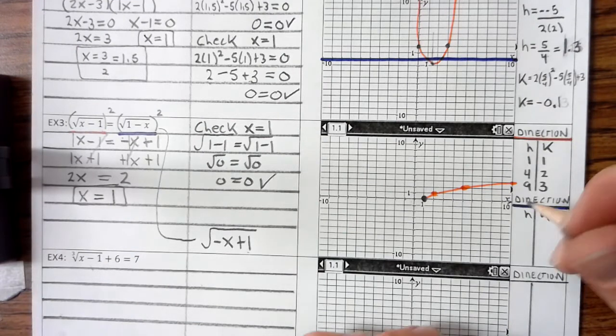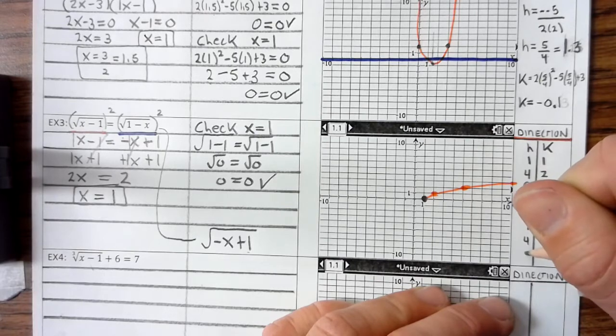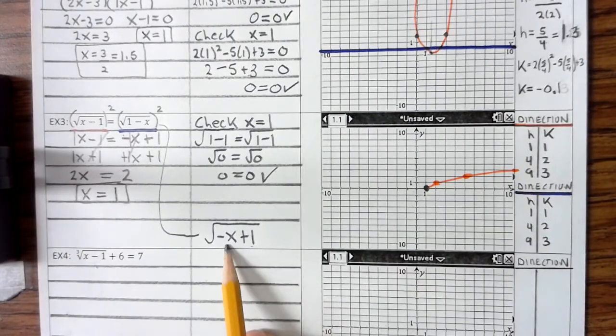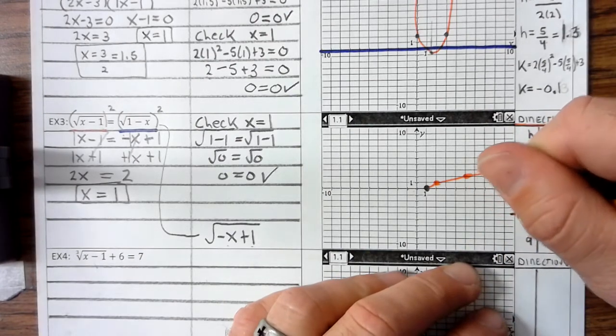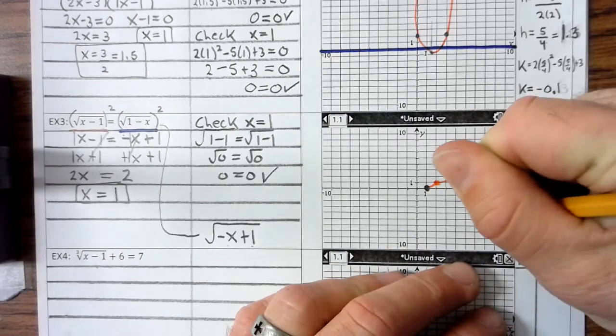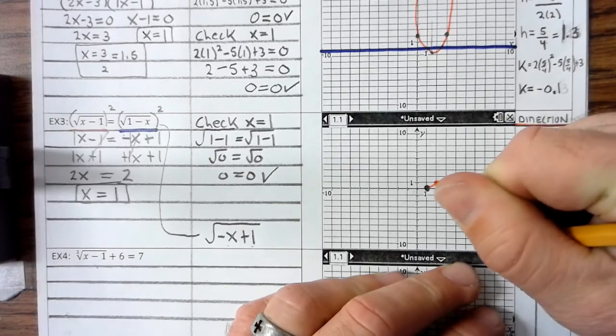Okay, and then now we have direction. So 1, 1, 4, 2, 9, 3. Now because the negative's inside the square root, we have to multiply the x's by negative 1. So that's -1, -4, -9.